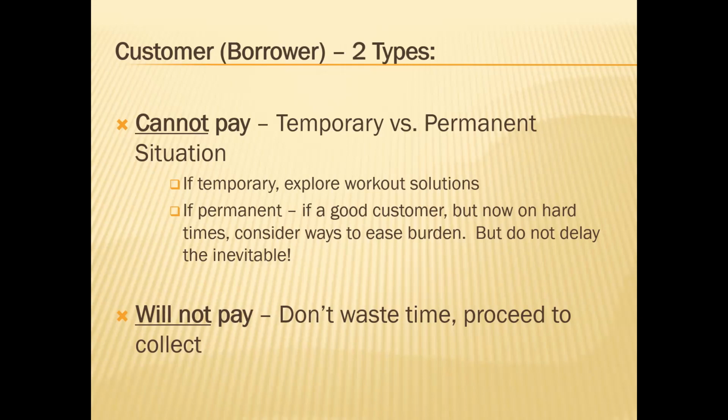So here's a person who is willing to pay, but for some reason, either a temporary situation or a permanent situation, he, she, or they cannot pay. So what we are saying here is there are two forks in this road.